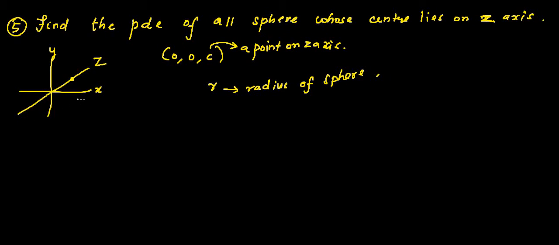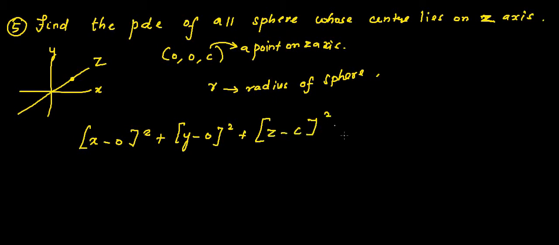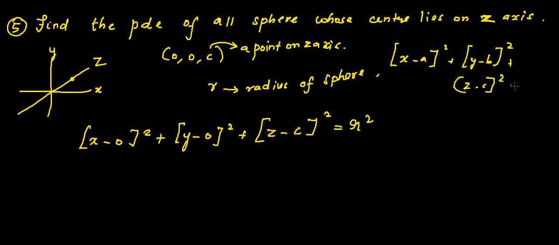Therefore, the sphere equation is given by (x - 0)² + (y - 0)² + (z - c)² = r². The general sphere equation is given by (x - a)² + (y - b)² + (z - c)² = r².